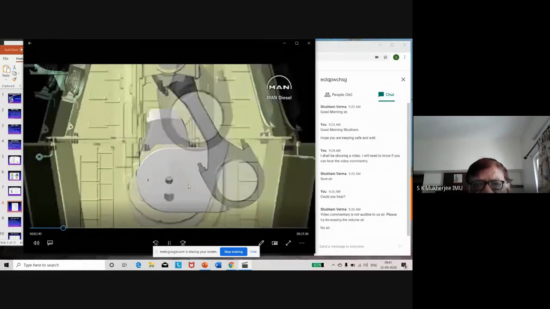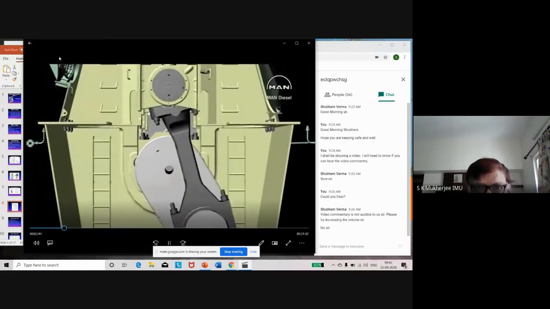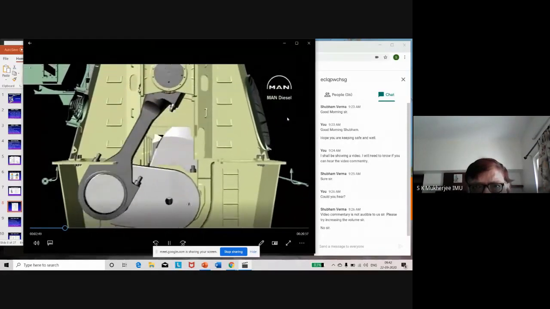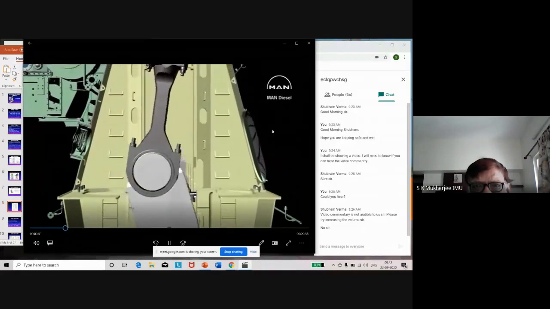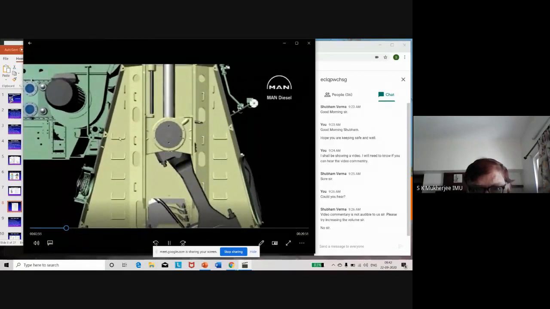Because it is going at an angle, there will be a force on this side. So there is a transverse force. One force this side, one force this side.